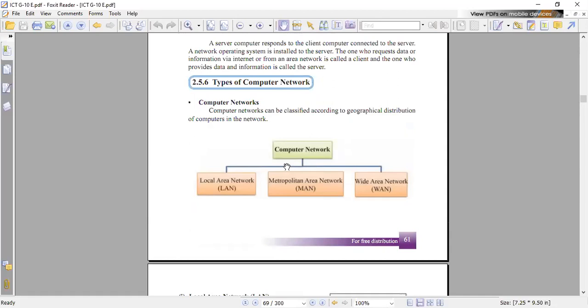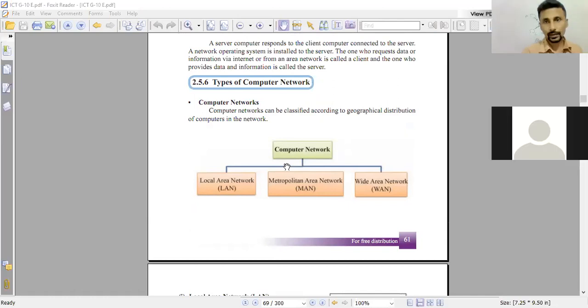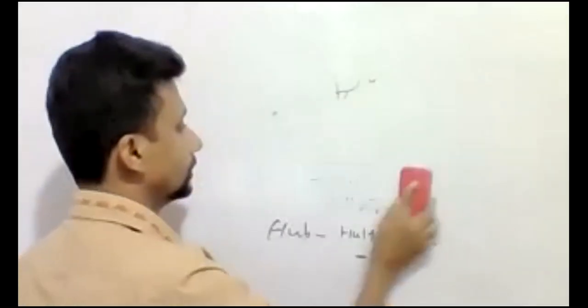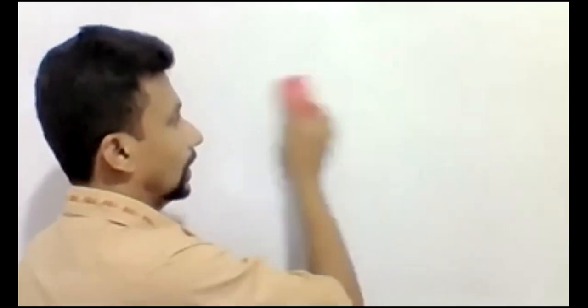Then write down the topic: types of computer networks. Actually, we have three different types of computer network.